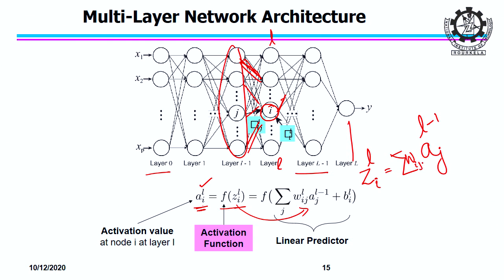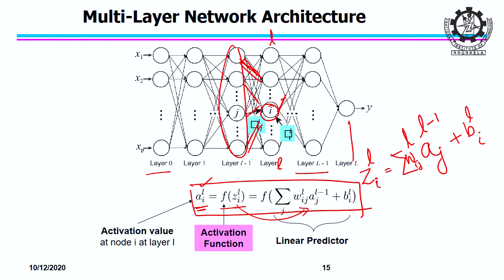So, W_ij, the weight associated with layer L. That is Z, and then obviously we have a bias term, that is b_i^L, whose input is always 1, as we know. So, there is no confusion about it.